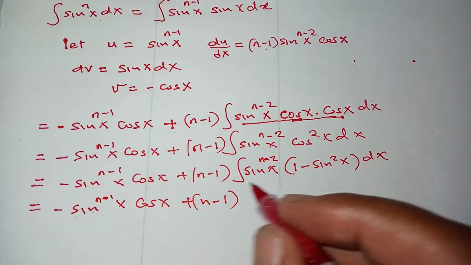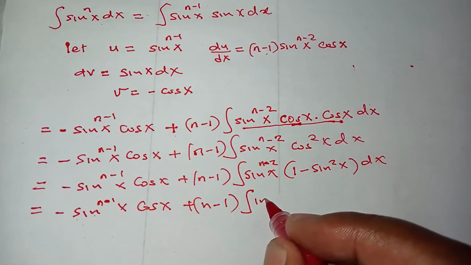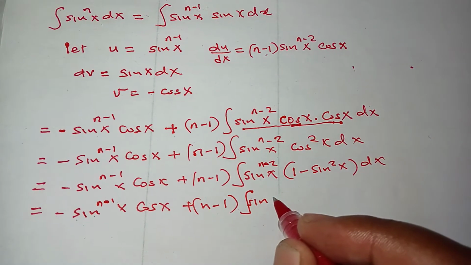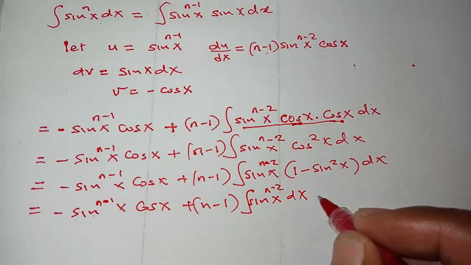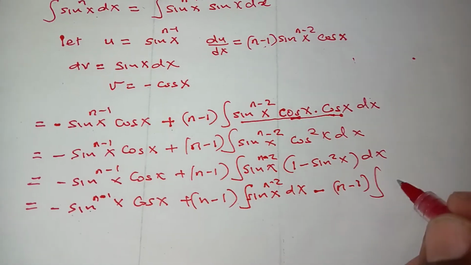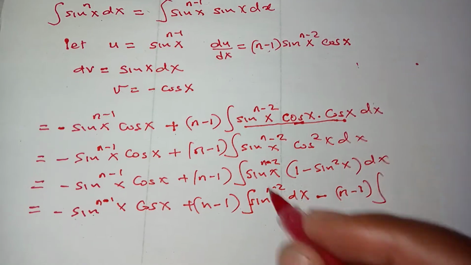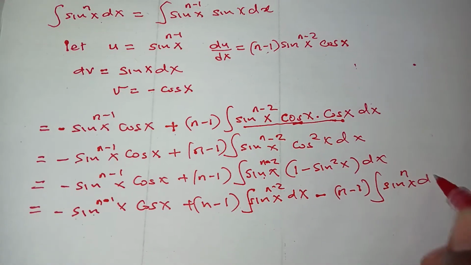So we are going to have two separate integrals here. We have the integral of sine of x to the power of n minus 2 dx, and then minus n minus 1, distributing, the integral of this times that becomes sine of x to the power of n dx.